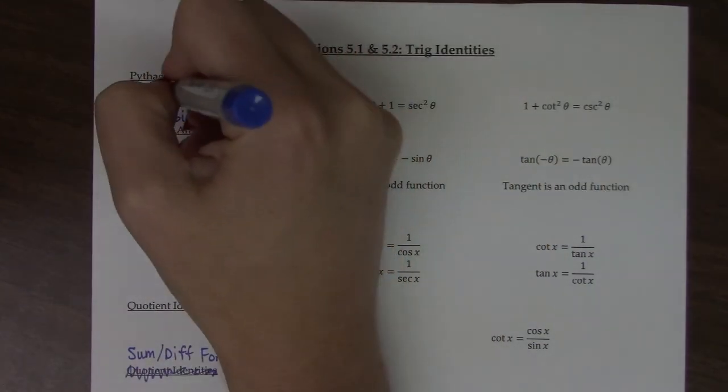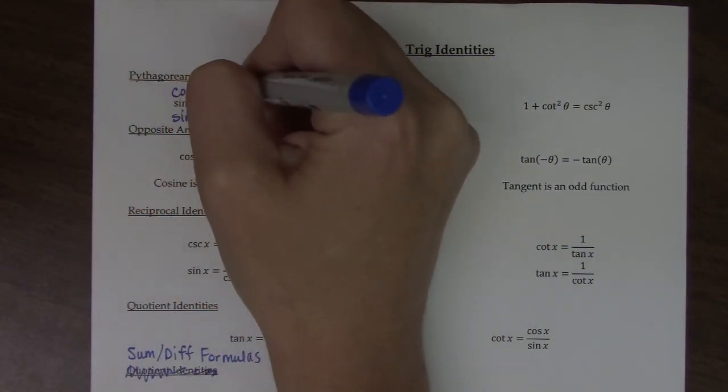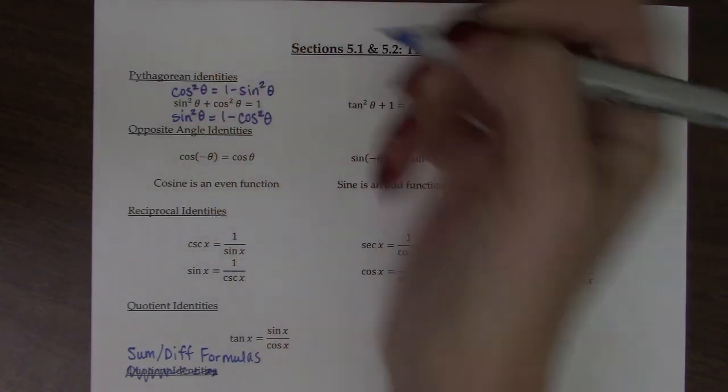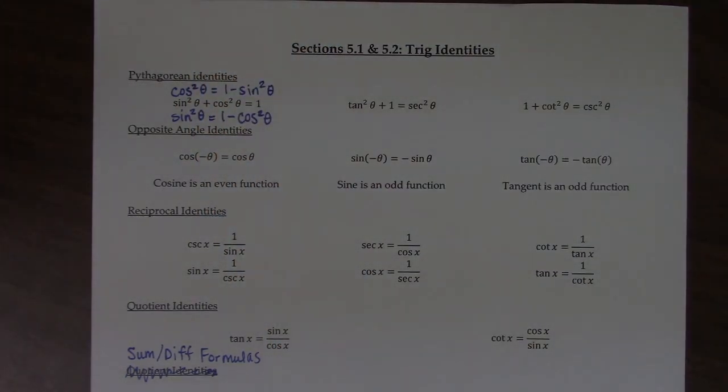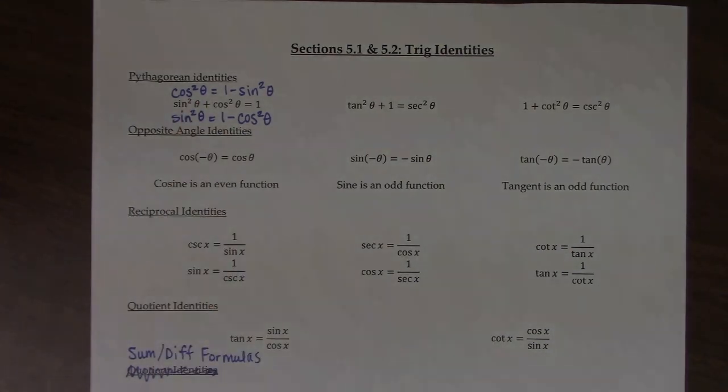But if I solve it for cosine squared, I get 1 minus sine squared. We actually used that way back in the very first section when we solved that problem, 6 sine squared minus 7 cosine squared x. So I have a 1 minus sine squared in my denominator, so I can replace it with cosine squared.